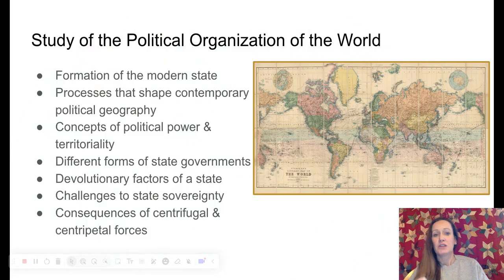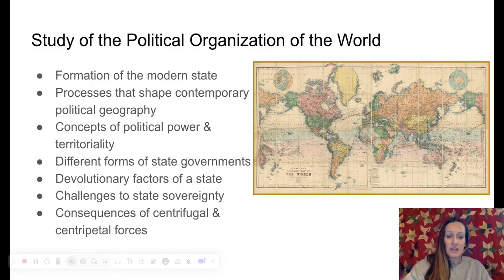an independent state? Political geography is the study of the political organization of the world. If you were to look at this map from 100 years before that last map, it looked very different. Of course, the land may have changed because of natural disasters or war, but the land is roughly the same.